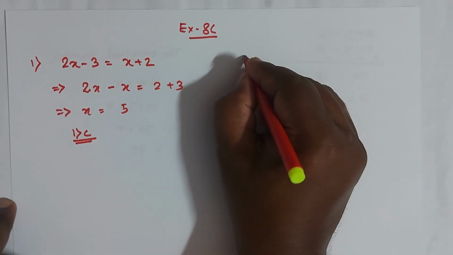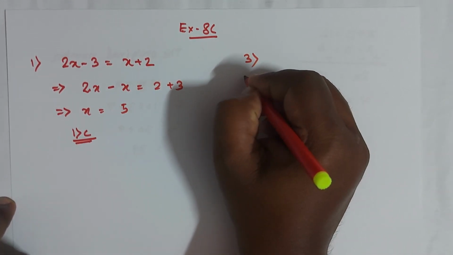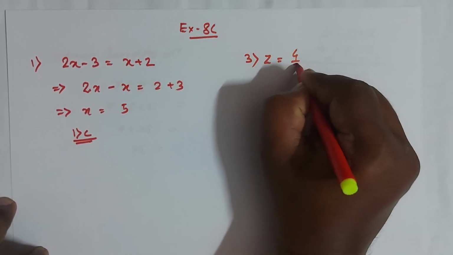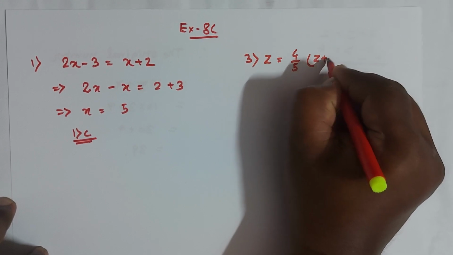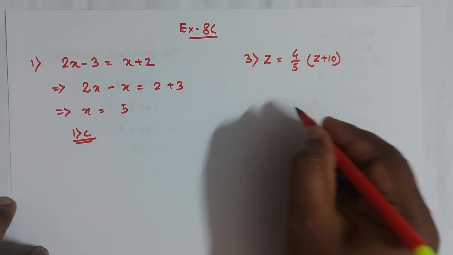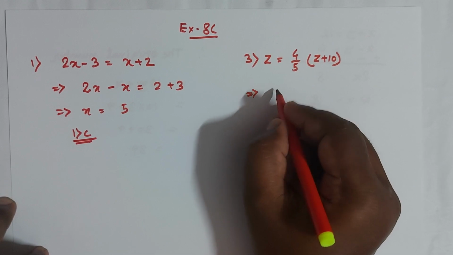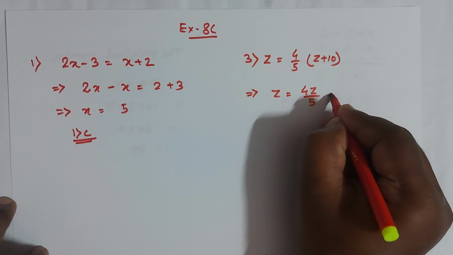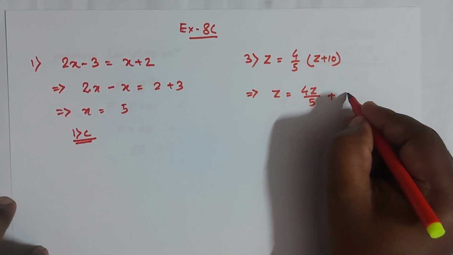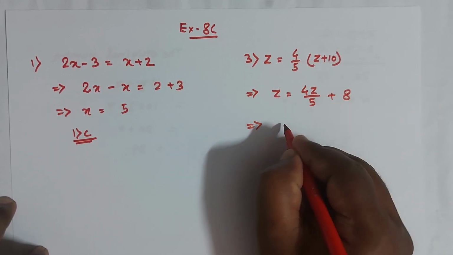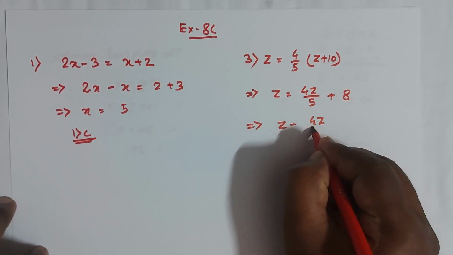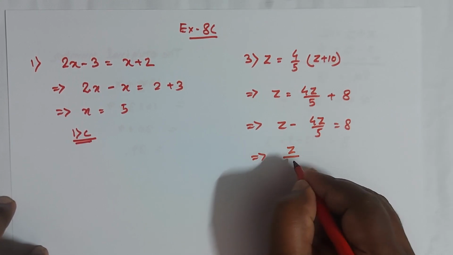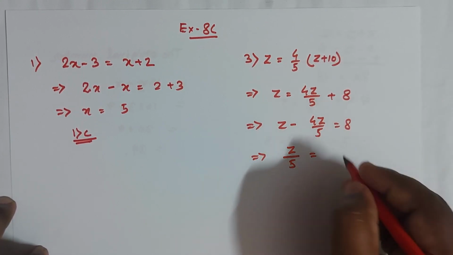Next, question number 3. If z is equal to 4 by 5 z plus 10. Okay. So z equals 4z by 5 plus 4 by 5 into 10, this is equal to 8, or z minus 4z by 5 equals 8, or this is z by 5 is equal to 8.